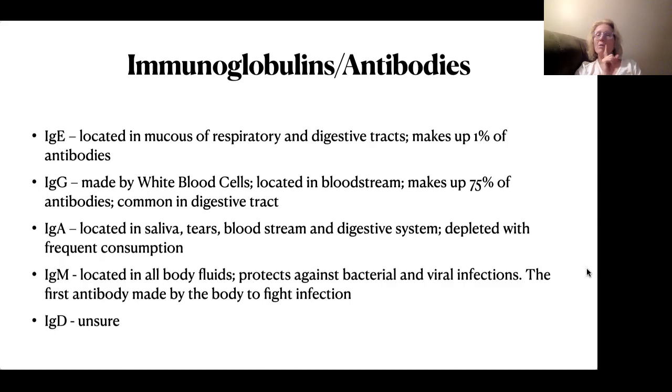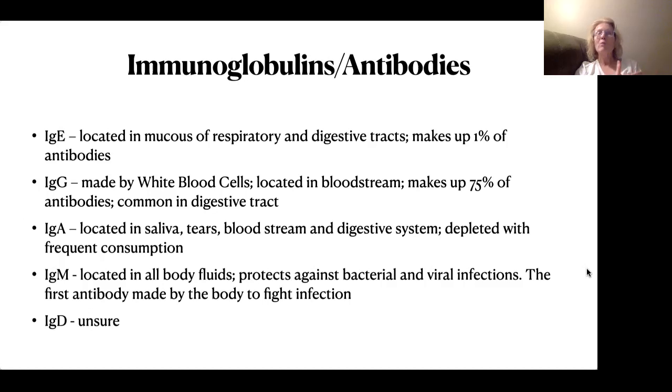Then there's IgG. It's also made by your white blood cells. It's in your bloodstream. It makes up about 75% of the antibodies, and it's very common in your digestive. One last other one that is my main focus is IgA: saliva, tears, bloodstream, digestive system.